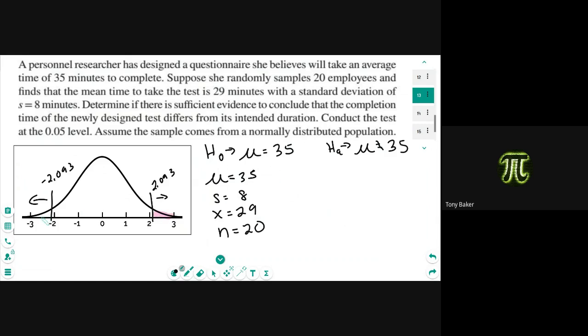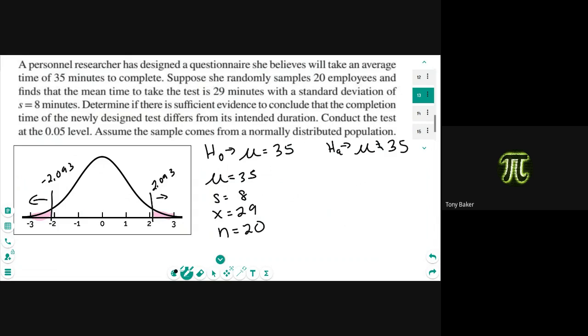So here and there. And now we find my T. And remember, the calculation is basically the same as the Z in this situation.